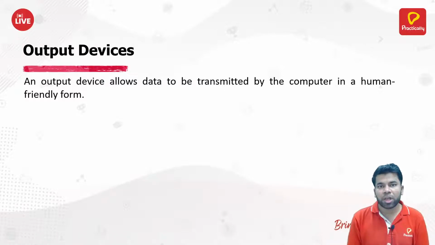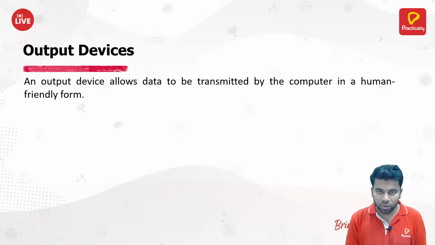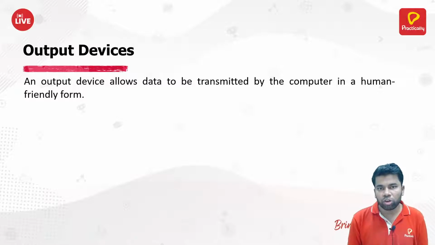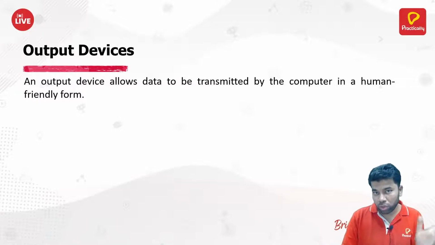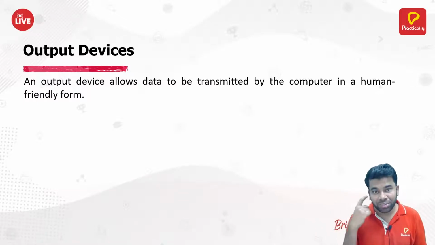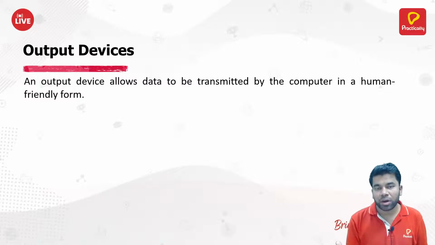Flat panel display, LED, desktop computer monitor, all are output devices. Printer is also an output device. So after processing is done, data is produced in the form of output, so that a human can read that data, see or watch it on the display, or listen with his or her ears.